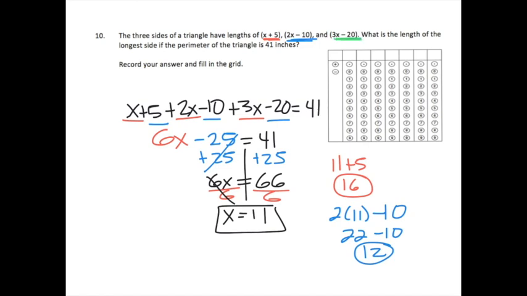And then I have 3x minus 20. 3x, which is 11, minus 20. That's going to be a 33 minus 20. And that gives me 13. So out of all of them, the smallest one is 12. So my answer is 12. And remember, positive.